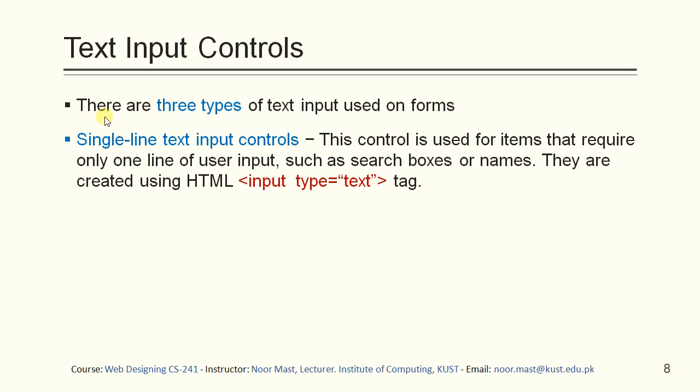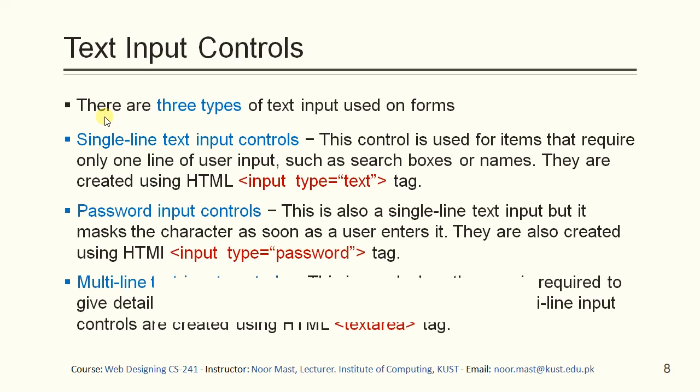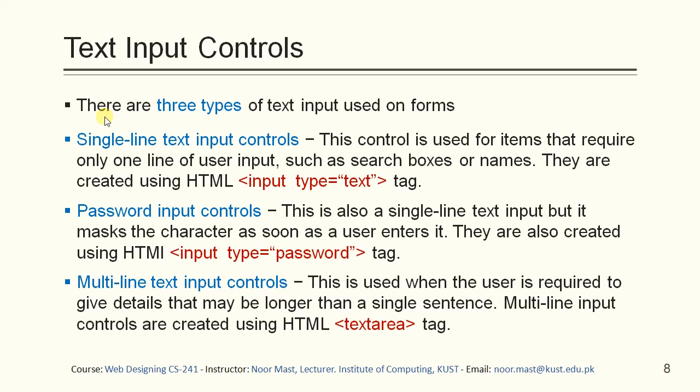It is created with the input tag and the type attribute value will be text. The second one is the password control. It is also created with the input tag, but the value of the type attribute will be password. The third control for submitting text is this text area. It is used to submit multi-line text.